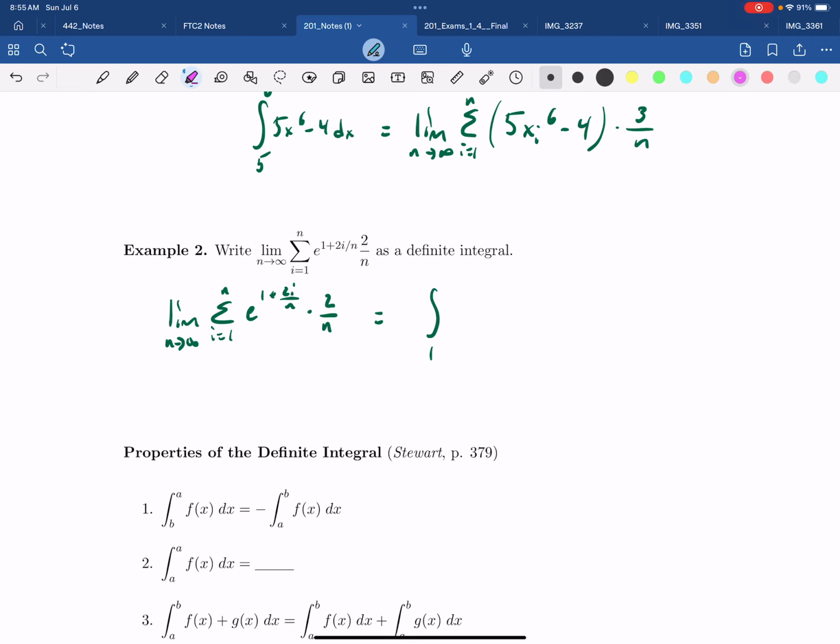Let me just highlight that. And it looks like our width is 2 over n. Let me see that over here. So I guess our endpoint is 3. And it looks like our f of x is going to be e to the x. So it looks like that's what we've got.